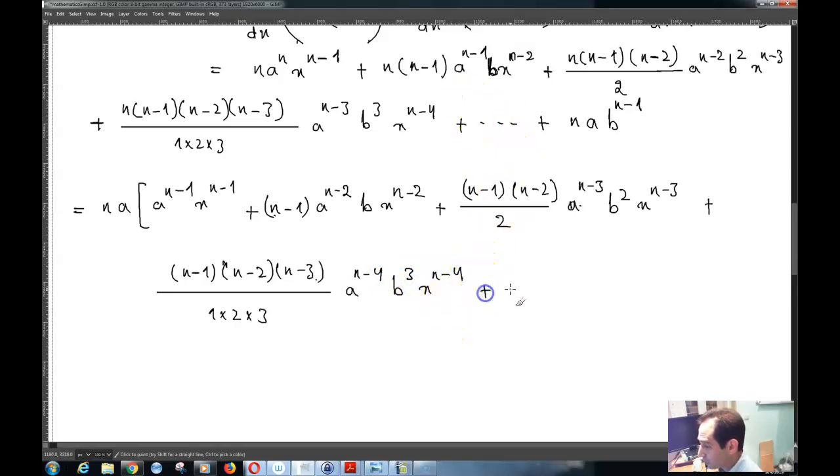And then all the way up to b raised to the power n minus 1.